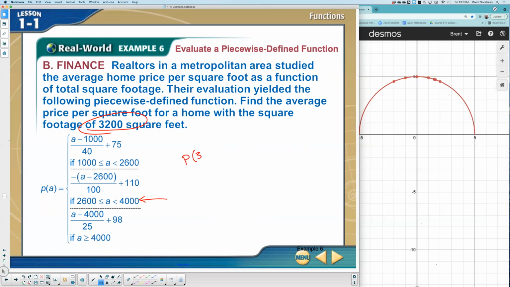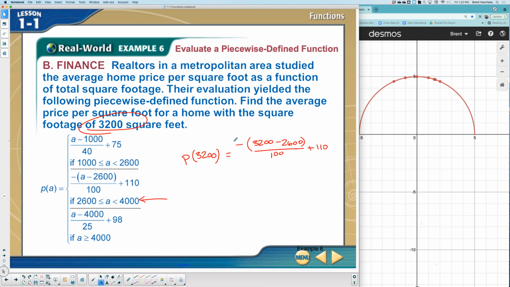So P of 3,200 is equal to negative 3,200 minus 2,600 over 100 plus 110. For the sake of time, I want to do this math really quickly. 3,200 minus 2,600 is 600.